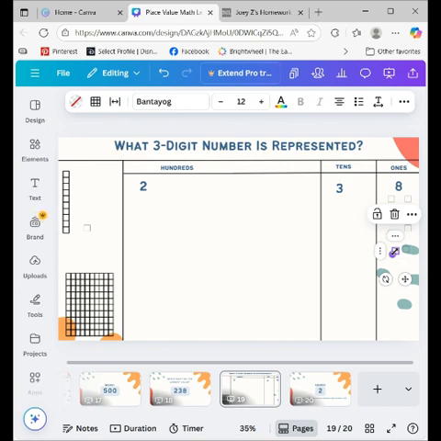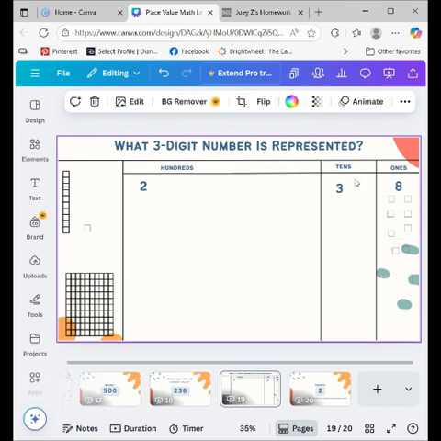Now, this is the tens place, so how many tens do we need? Yes, we need 3. Do you remember which one is the tens? Yes, this one. Good job. So we need to bring over 3.